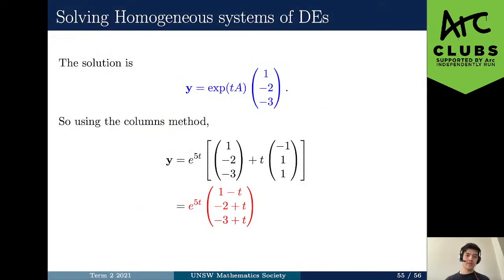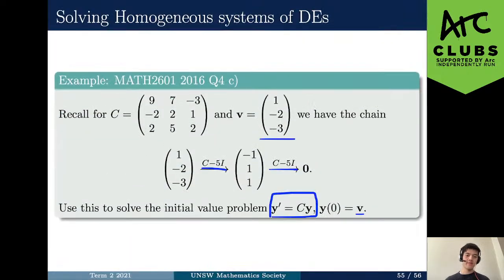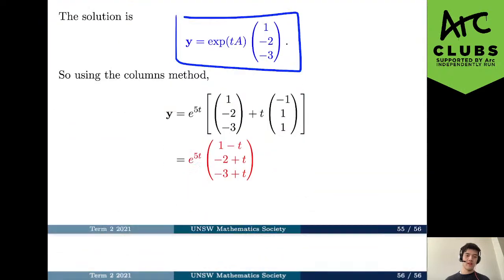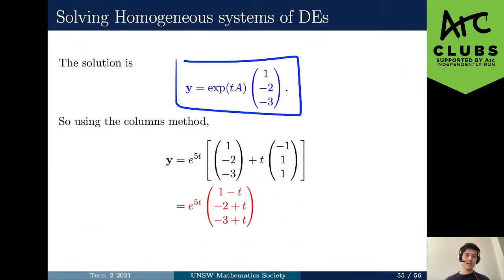So in this case, I want to calculate this, that's the solution. What I need to do is take out the eigenvalue, which is 5. So we have e to the 5t, and then this is the generalized eigenvector. This is the eigenvector you get after applying C minus 5I to it once. So that was our chain.